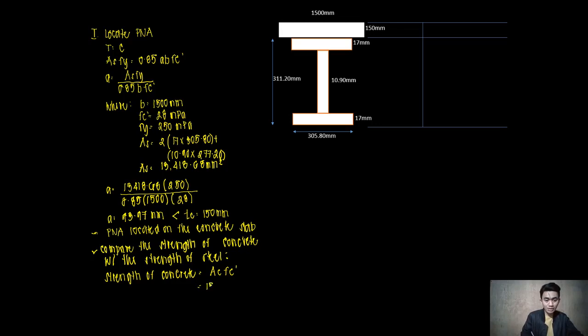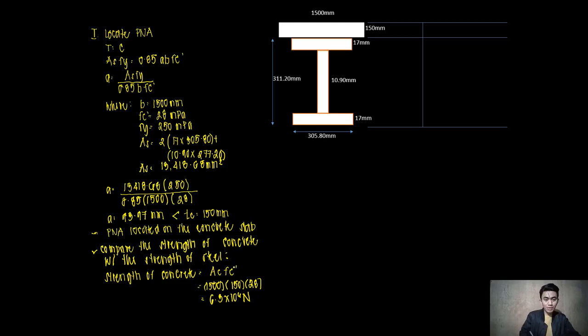So I will have 1,500 multiplied by 150 times 28. That is 6.3 times 10 raised to 6. This is in Newton. That is the strength of the concrete itself.